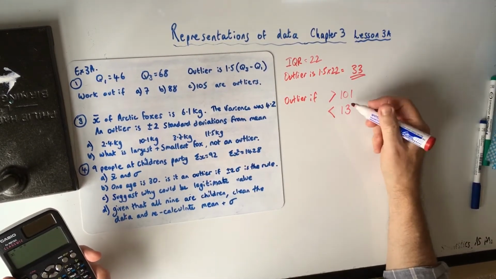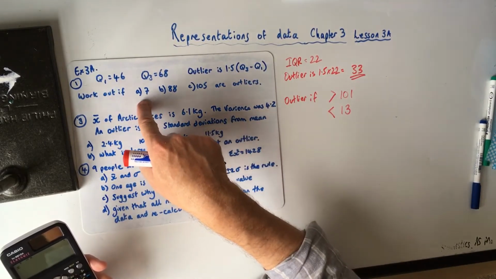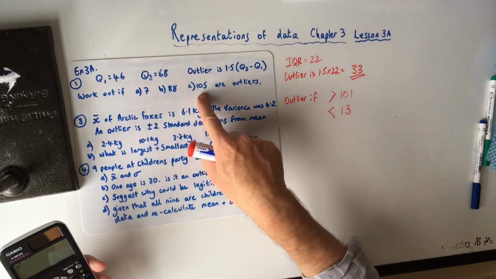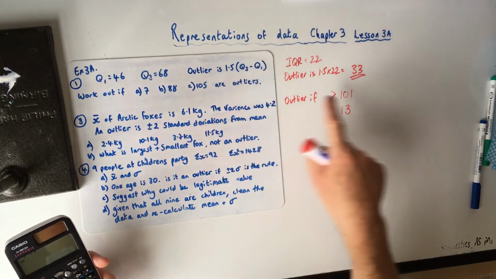It gives you 3 numbers and asks are any of these outliers. Yes, 7 is an outlier because it's less than 13, and 105 is an outlier because it's greater than 101.